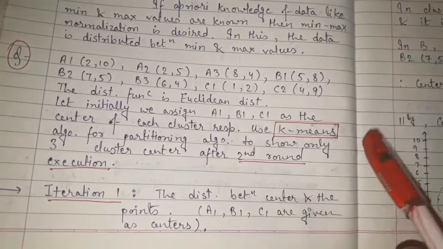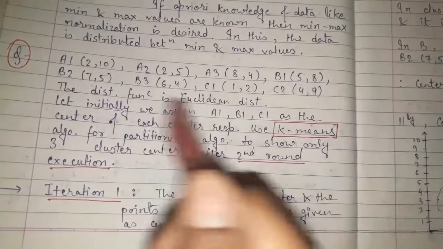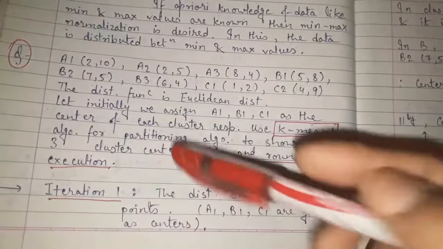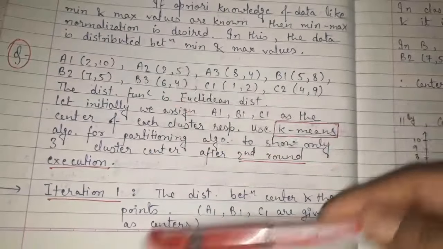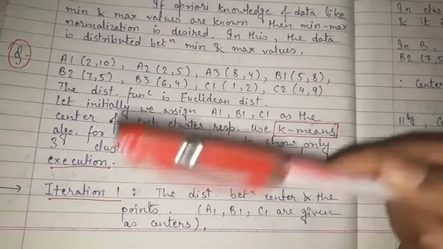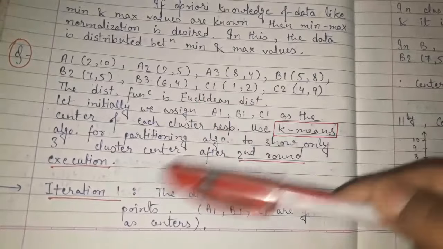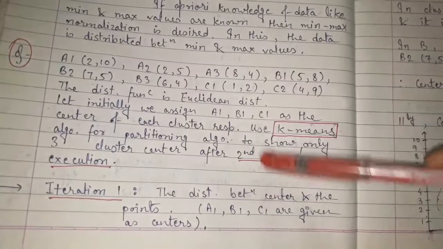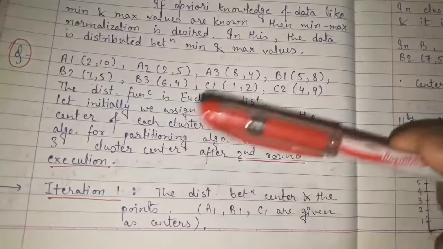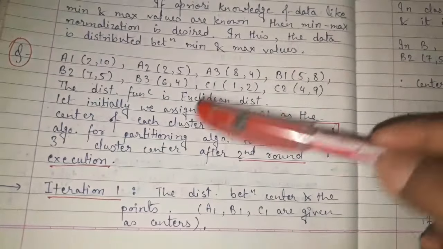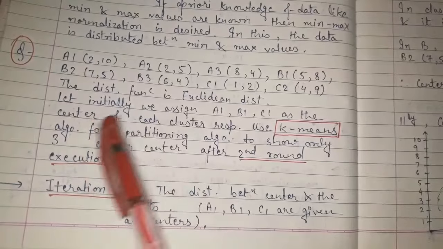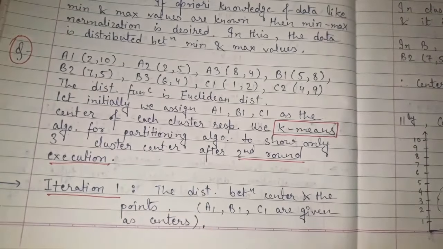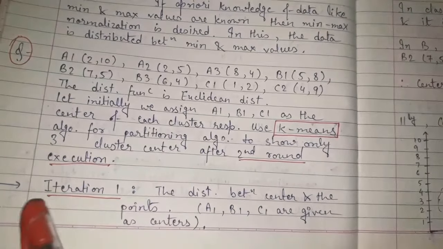They want us to apply k-means algorithm on this data, and they want us to apply 2 rounds of execution, that is, apply k-means algorithm twice, and show the 3 clusters that are made after each round. And initially we have to assign A1, B1 and C1 as the center points.